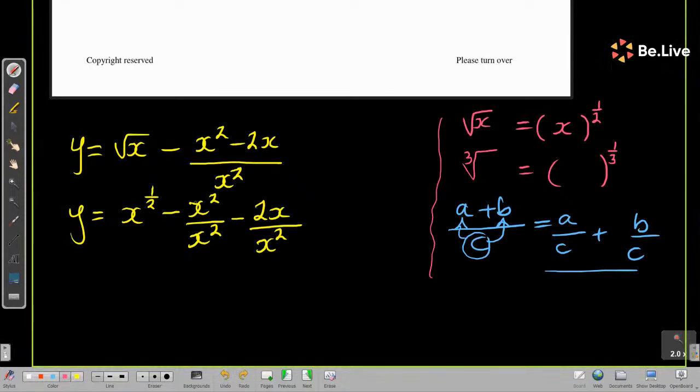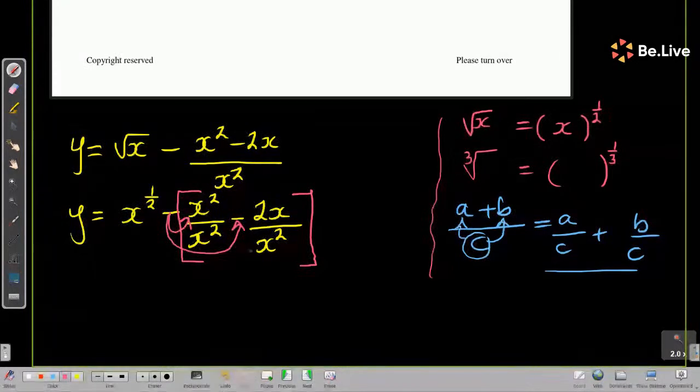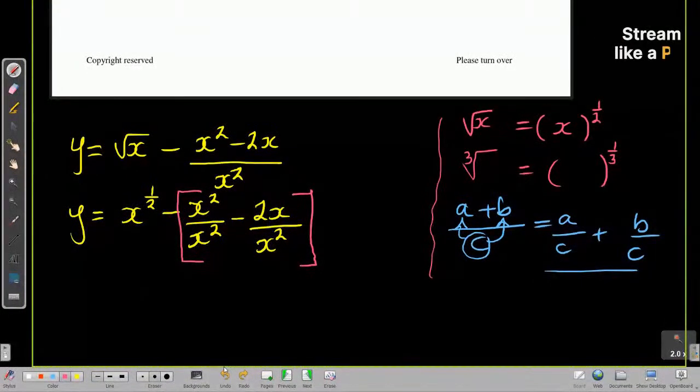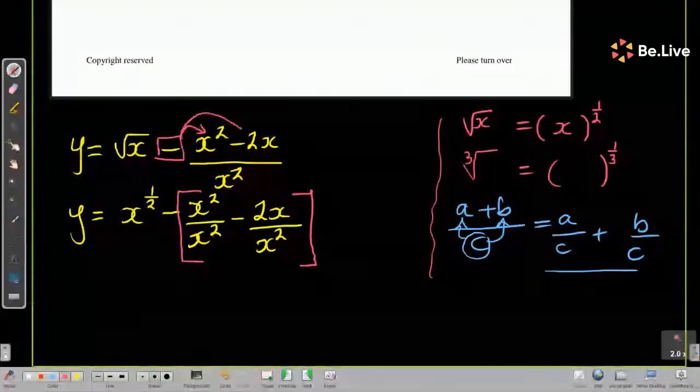The most important thing to do from there is to put a bracket there. You know why? Because this negative will affect the first one, and that negative will also affect that, turning it into a positive. You see the important part. Please, please, please be careful there. In essence, what it means is when you have a fraction like that, the negative before it affects each term individually inside.